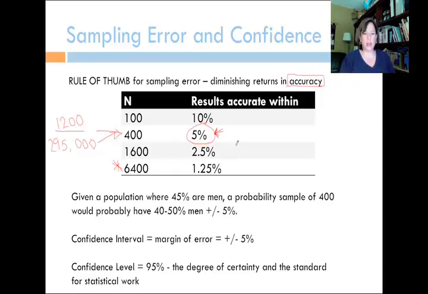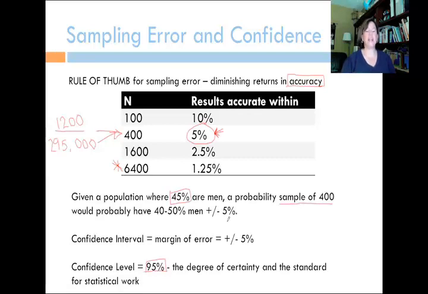What that stands for is the degree of certainty that you can have that given, let's say, 100 samples, if you know that the population has 45% men, given 100 samples, you can be 95% certain that these 100 samples of 400 people will be 40 to 50% men plus or minus 5%. That's what the confidence level tells us.